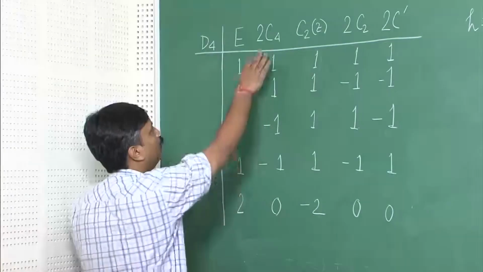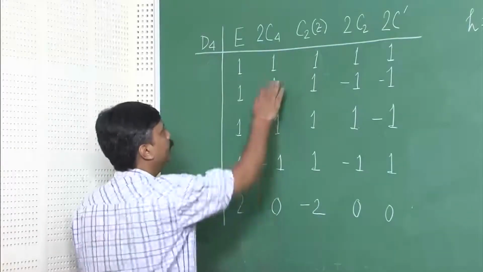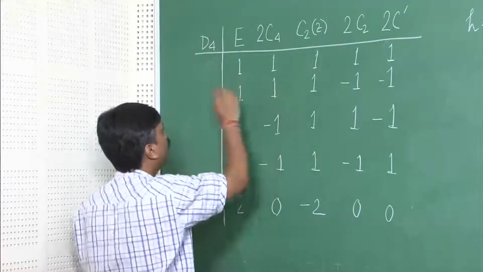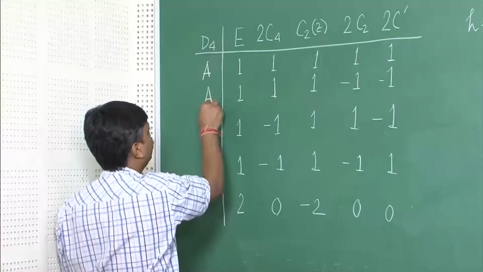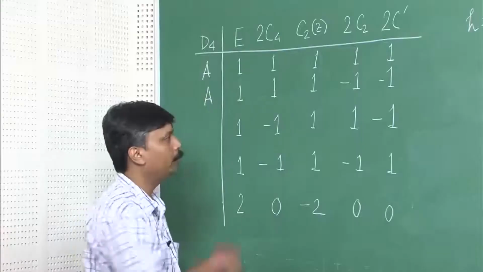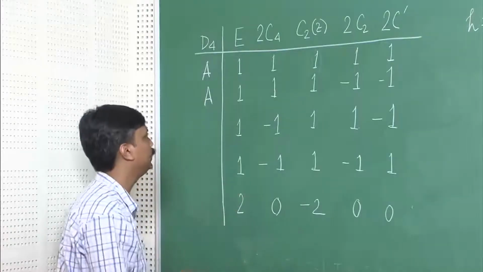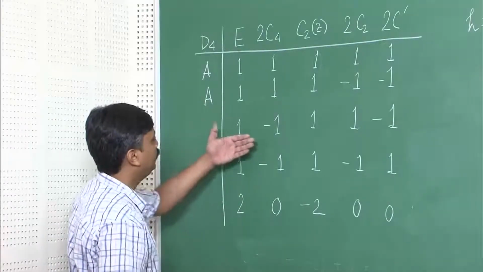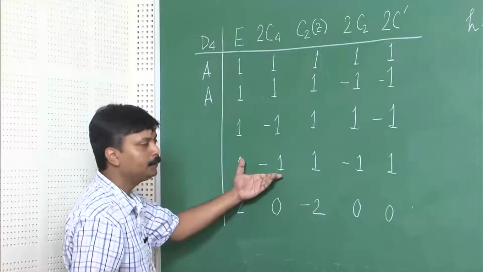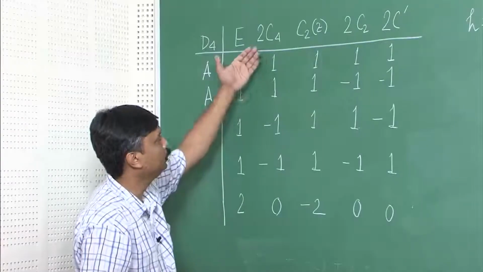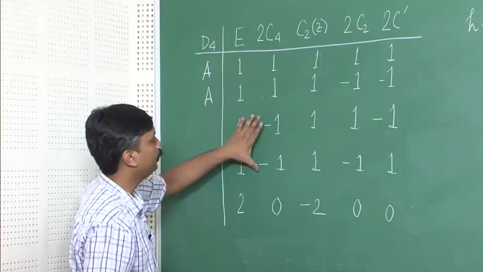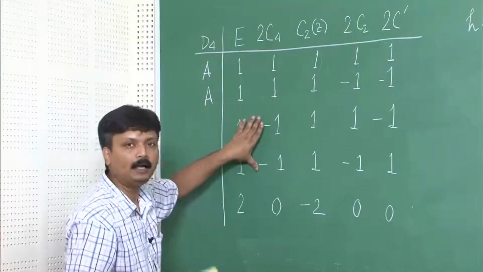So here, with respect to the principal axis of symmetry, these two are symmetric. So without worrying about anything, these two will be given the notation A. We will worry about subscripts or superscripts later. These two one-dimensional representations, if I look at the characters corresponding to the principal axis of rotation, I find them antisymmetric.